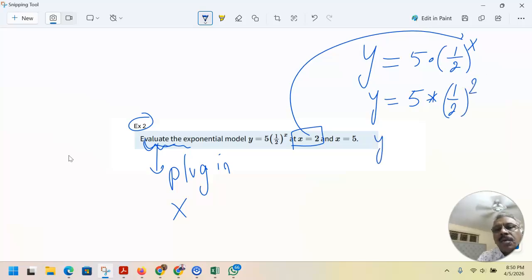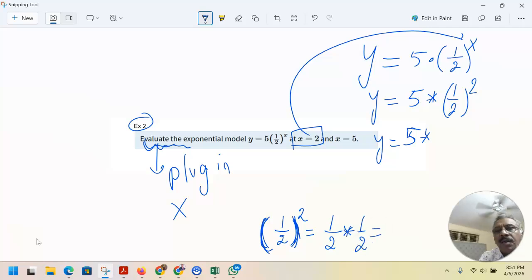So this becomes 5 times... Now, what is the meaning of half raised to the square? This basically means this part, which is the base, is multiplied by itself 2 times. So it is like half times half. And 1 times 1 is 1, 2 times 2 is 4. So this becomes 1 over 4.